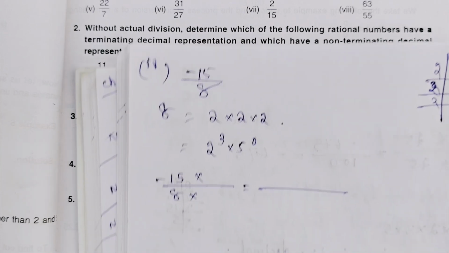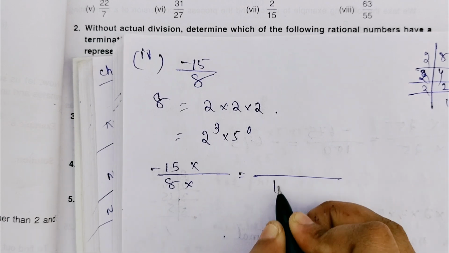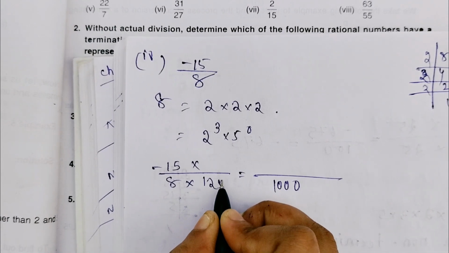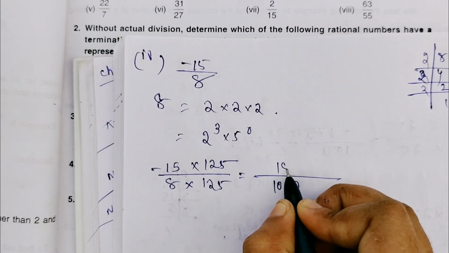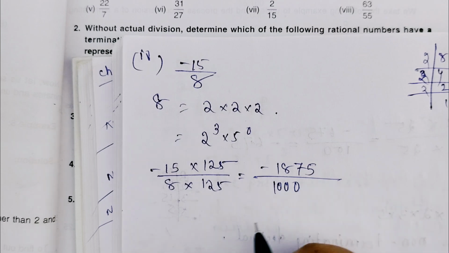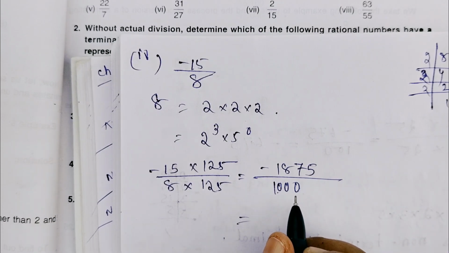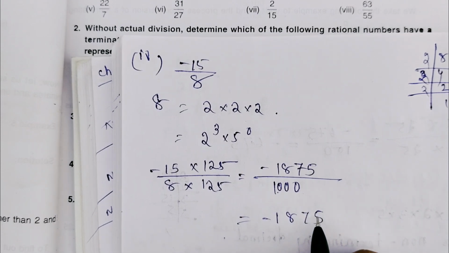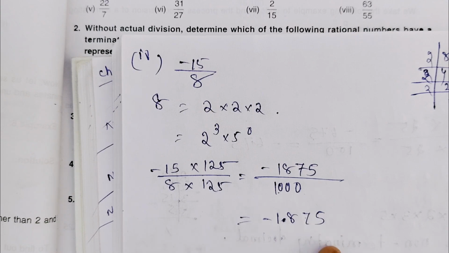Here we multiply: 10 is less than 8, 100 cannot be divided by 8, so 1000. So here we multiply 125 times 8 is 1000. Then 125 into 15 is 1875. Then you put the minus sign. Then here there are 3 zeros, so we leave 3 digits on the right-hand side. Minus 1875, 1, 2, 3. Here we put the decimal. Minus 1.875.